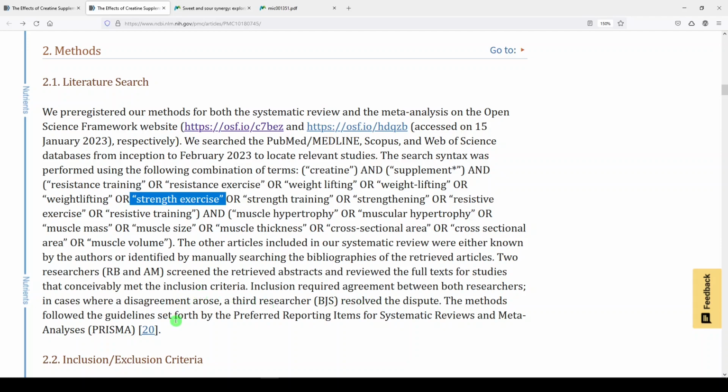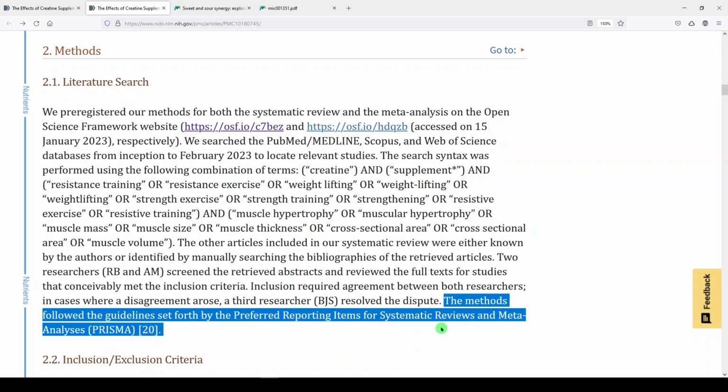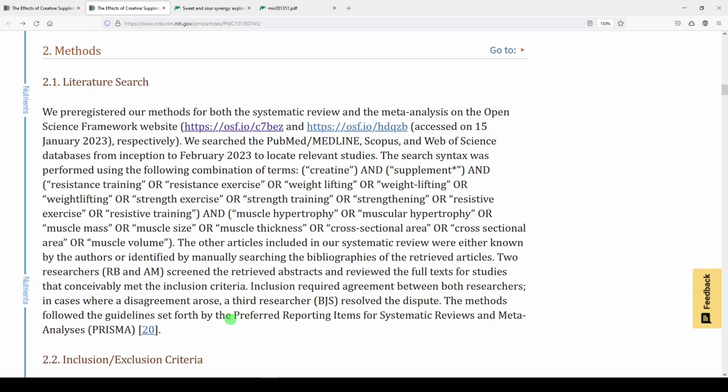The methods followed the guidelines. Ooh, snap. This sentence gets me a little bit. I really prefer that people say they reported with Prisma, because that's only what Prisma does, is reporting items. So there really are no methodological guidelines contained within Prisma. Prisma is purely for reporting, and you can even look at Prisma and see that for yourself, that Prisma is for reporting.